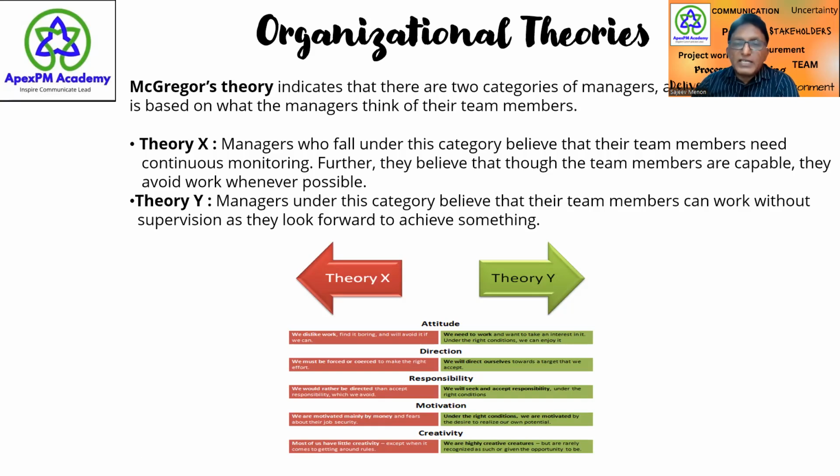They need direction. And such managers do not trust their employees to work. Whereas theory Y managers believe that their team members can work with minimum supervision and they are out to achieve something. They can do things proactively. So that is the difference between theory X and theory Y.